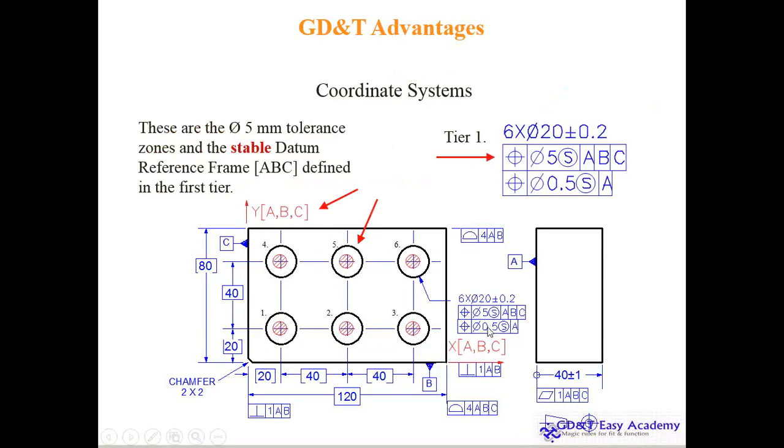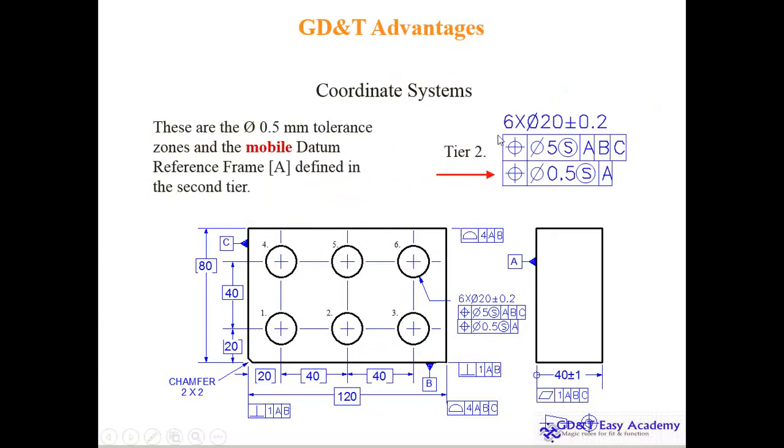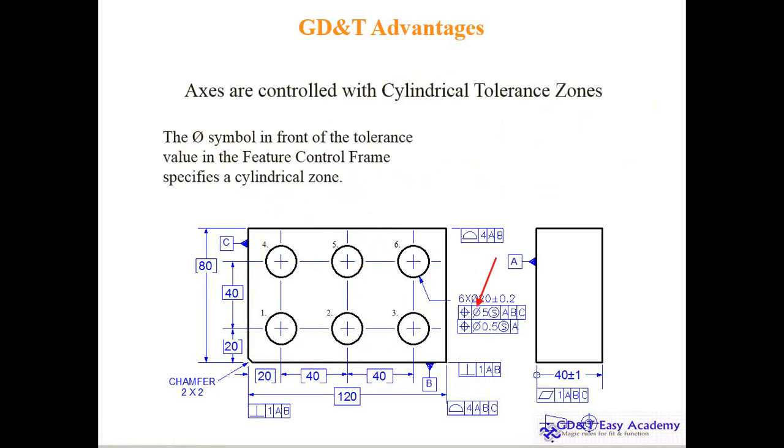So you can go for the tier 1 and tier 2 design, and this is what will happen if you go for the variation. The datum can rock, and the features can still be within the limit, and your part will not be rejected. Most people think this is a complex process.